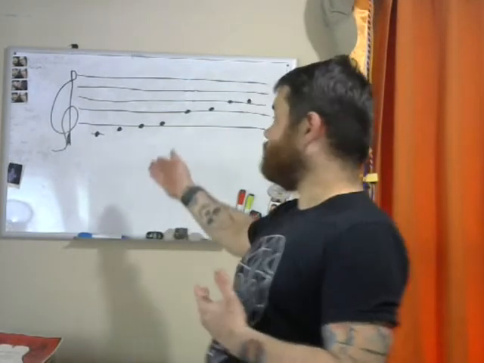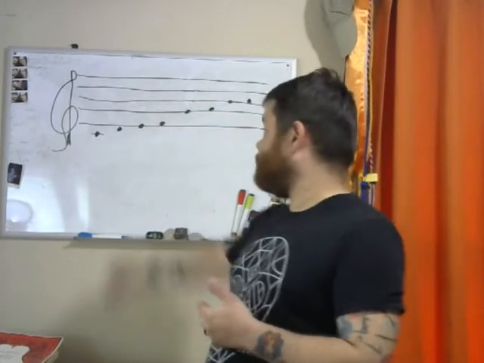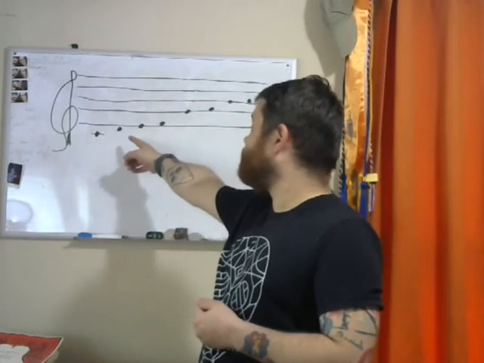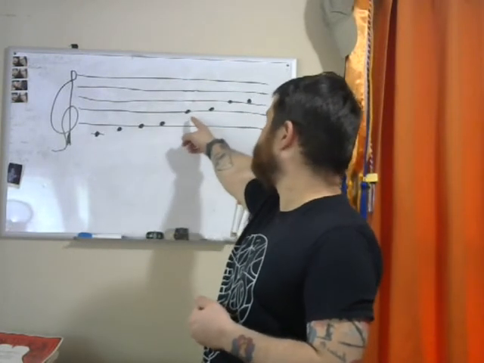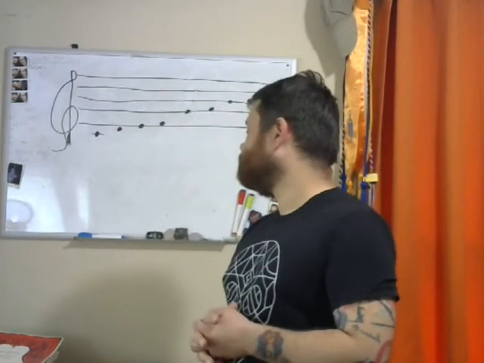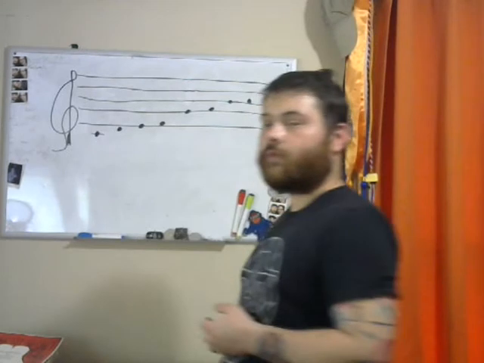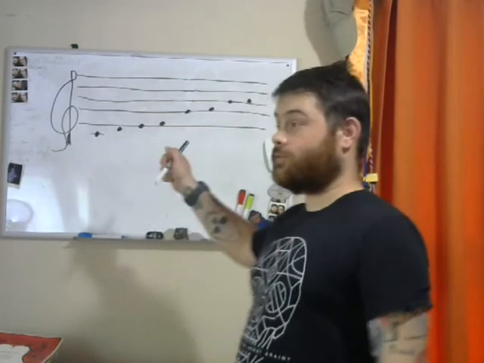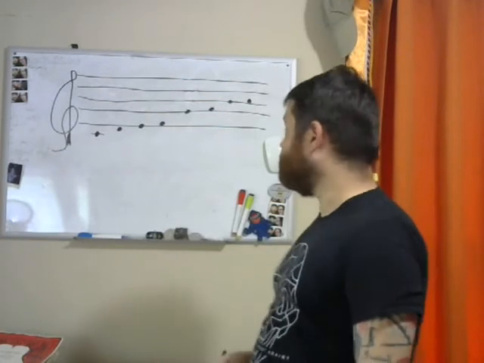In order to talk about these things, we're going to use the example of C major, which is all of the white keys on the keyboard. So we have C, D, E, F, G, A, B, and C. In another video, I had mentioned scale degrees. What we do with these notes is we assign a number.